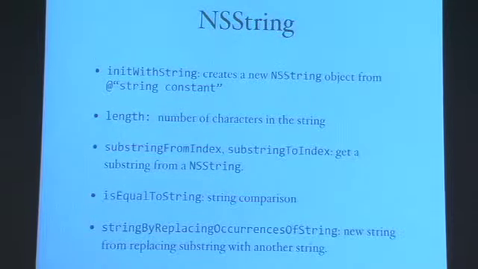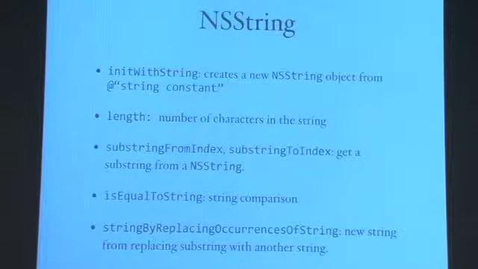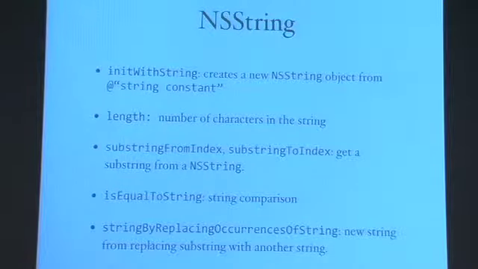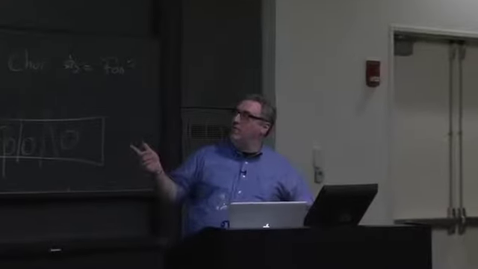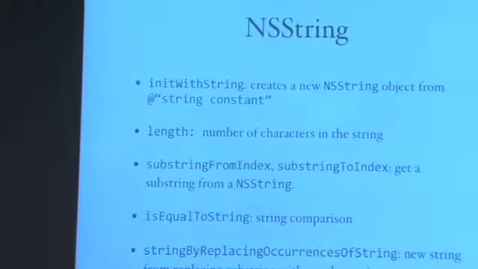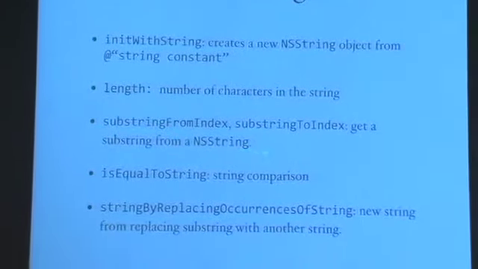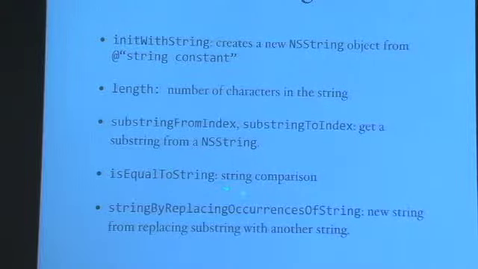That could be handy if you're looking for like the fourth letter, which may prove useful in the first iOS project when you hear about it in a couple weeks. NSString is going to be especially useful for you. Some of the things that are going to be useful are knowing how many characters are in a string, how to pull apart a string, and obviously string comparison.